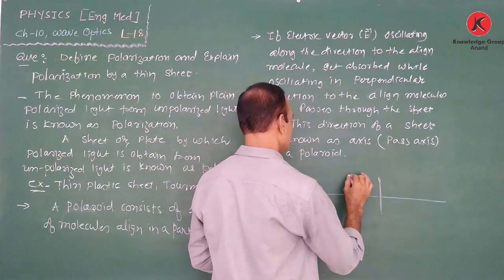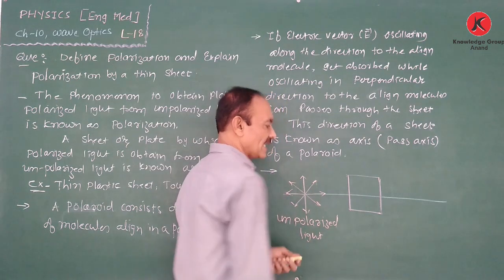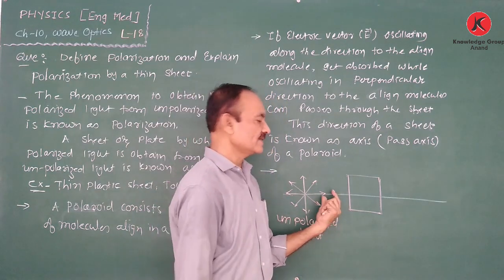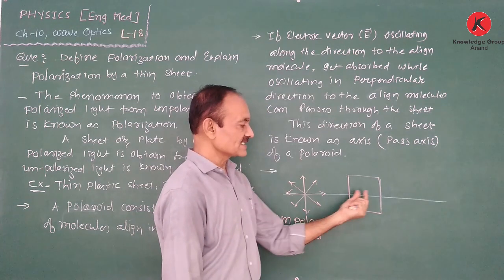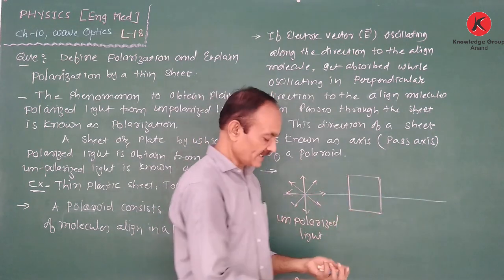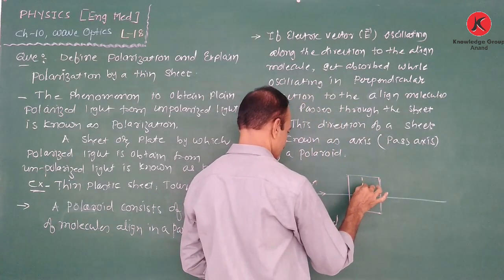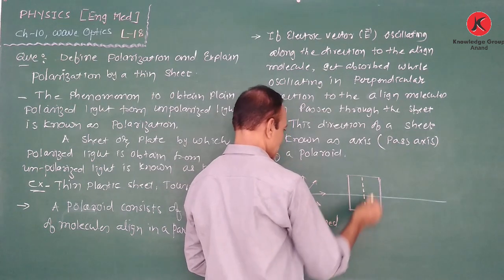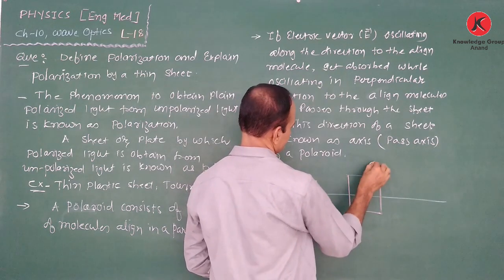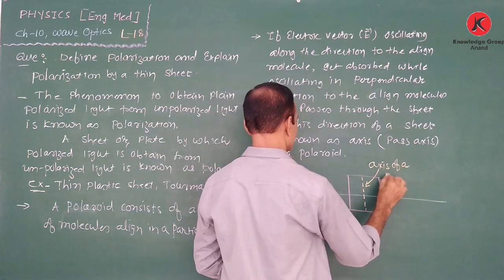The long chains of molecules in the thin plastic sheet are aligned horizontally. Therefore, the pass axis is this, the axis of a polaroid.